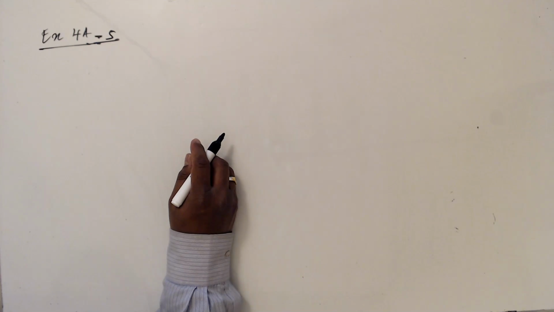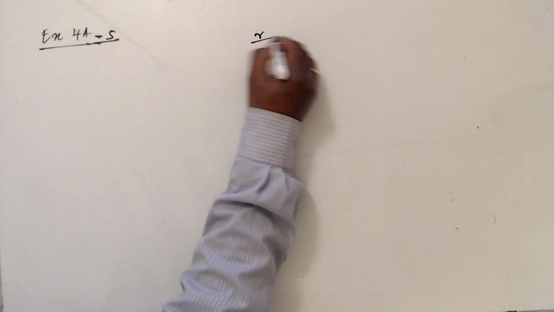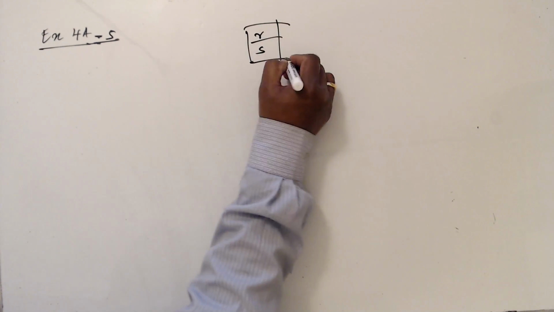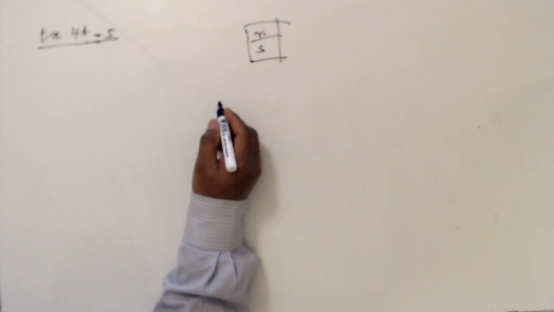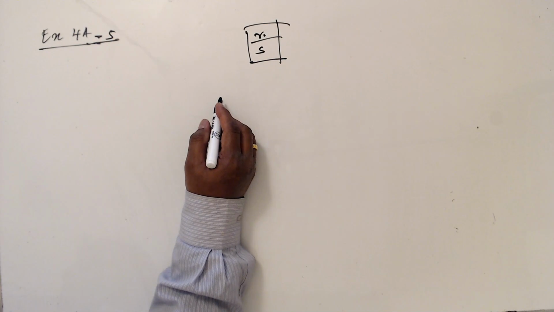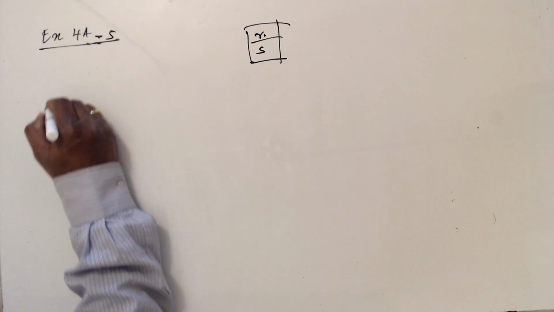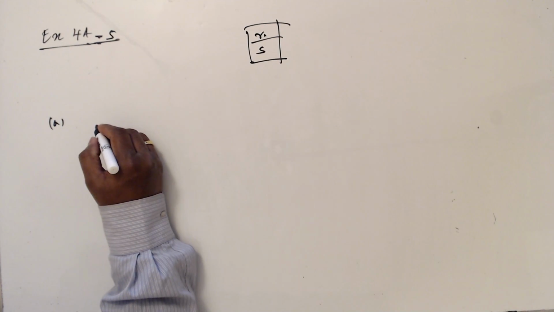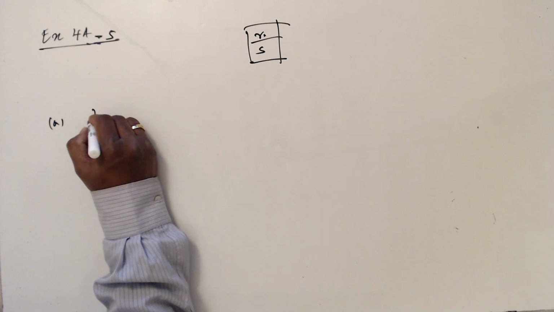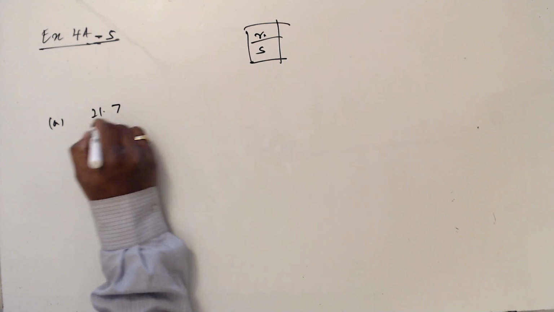Question number 5 is about rain and sunshine, and there are some values. The table shows the daily total rainfall and the total hours of sunshine. First question is show that 21.7 is an outlier.